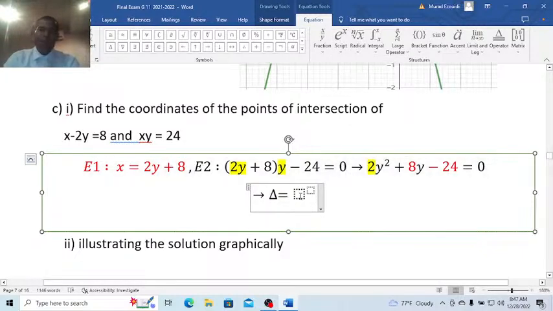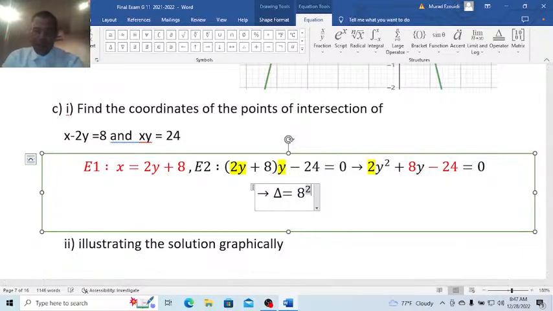B squared is 8 square, then minus 4 multiplied by 2, multiplied by negative 24.